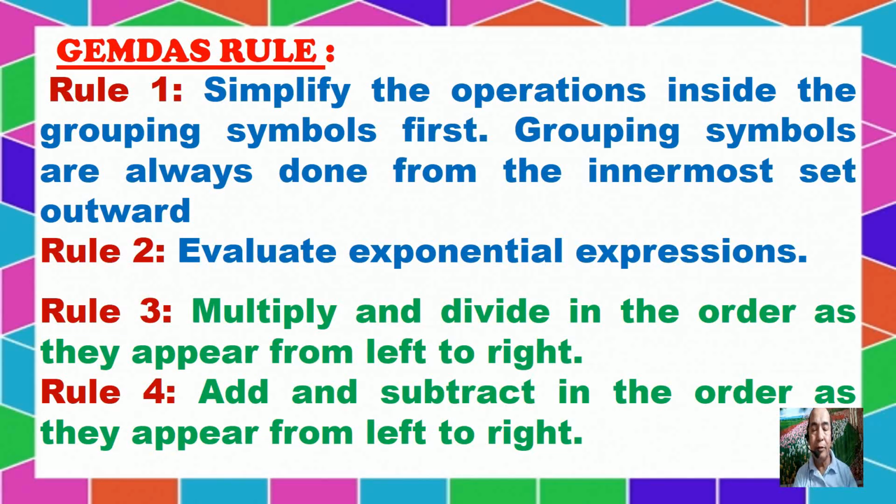Okay, rule number 3. Rule number 3 applies after performing rule number 1 and rule number 2. So we will proceed to multiplication and division. In performing multiplication and division, it doesn't mean that we will perform multiplication first because we have M before D. No, the rule says perform multiplication and division in the order as they appear from left to right.